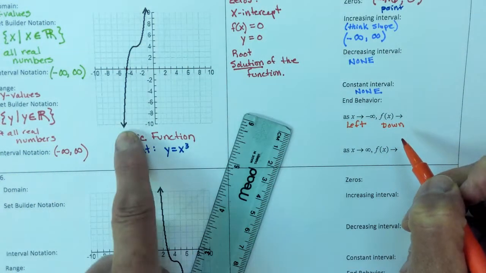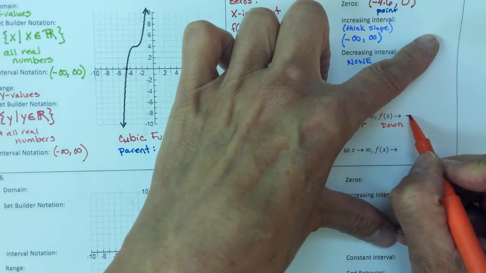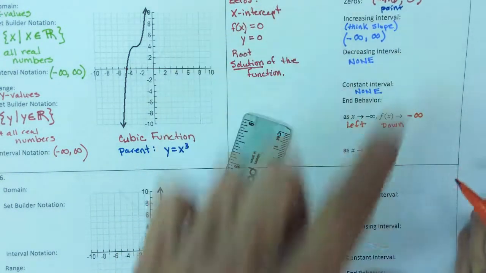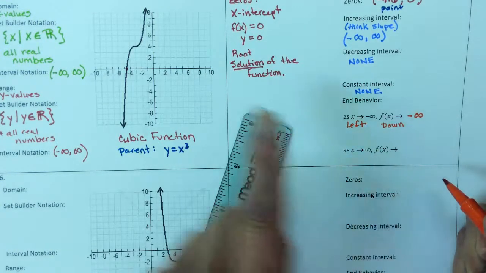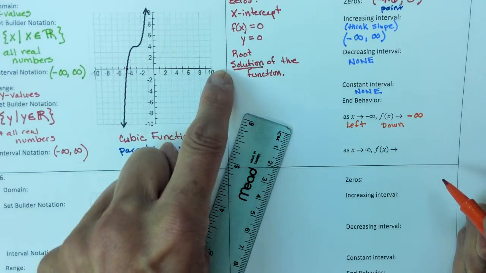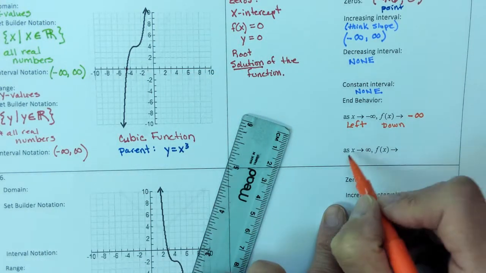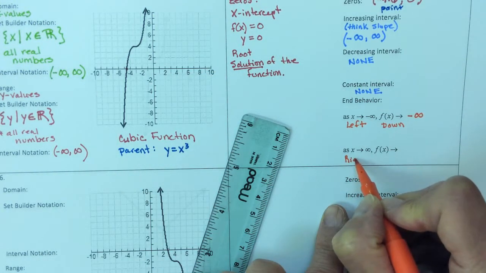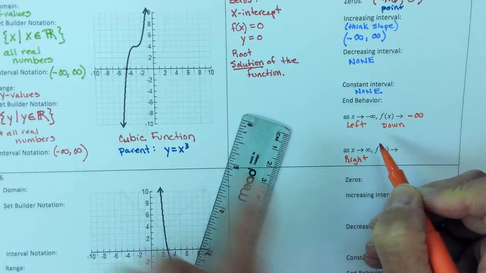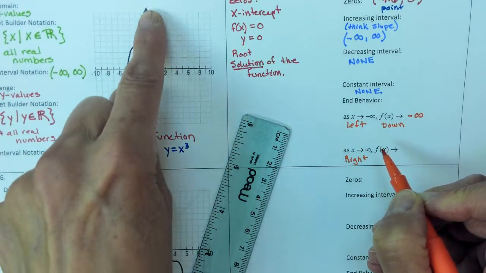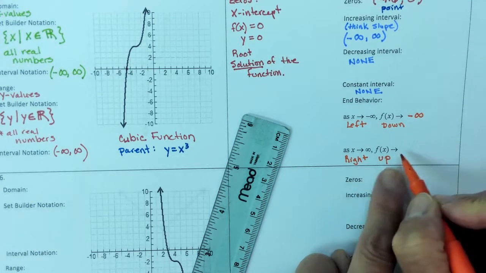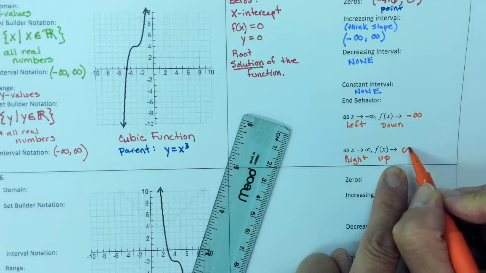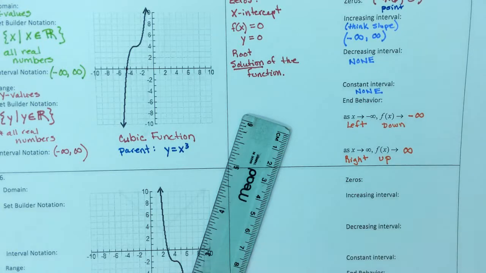So that means my function is going to negative infinity. This means as x is going to infinity, well, x going to infinity would be the right side. Which way is my function going? My function is going up. So that means my function is going to infinity.